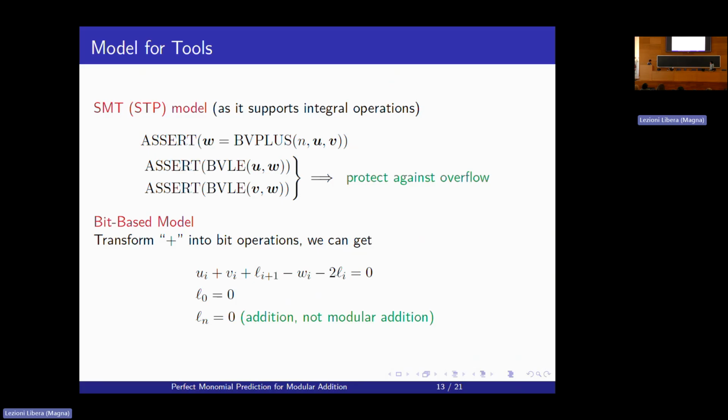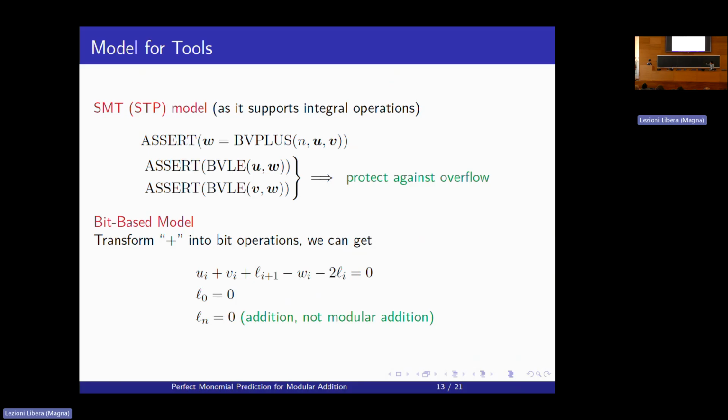Oh, okay. I think the first one provides the addition directly. But the problem is for other operations, the copy and XOR, they are bit-based. So you still need to do the transformation. Okay. I also think that in this case, MILP is also similar, for the same reason.